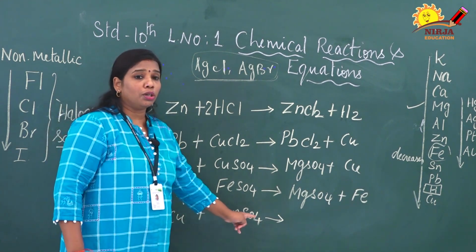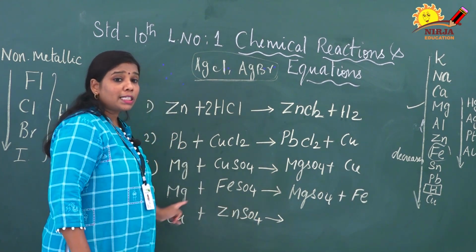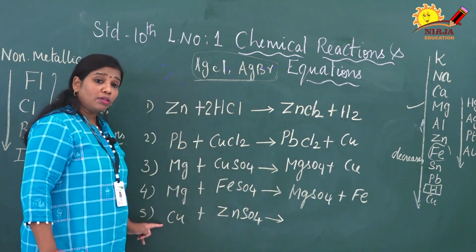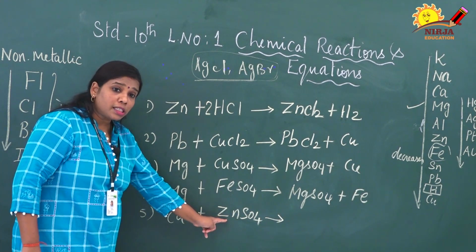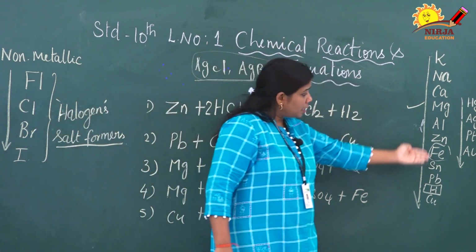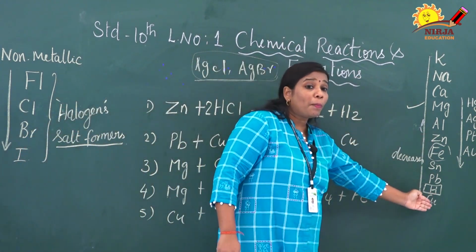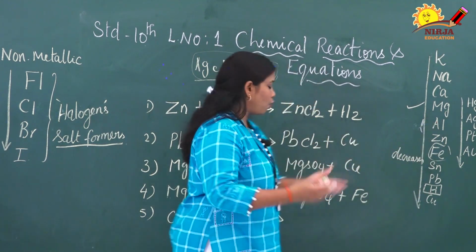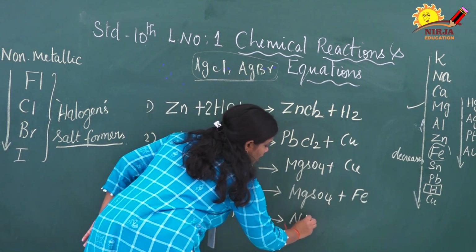That is in solution, so whatever element is separate, that only will go and displace. Here copper would have to displace zinc. Zinc is more reactive, so copper is less reactive. A less reactive metal will not displace the more reactive one. Of course, here there is no reaction.